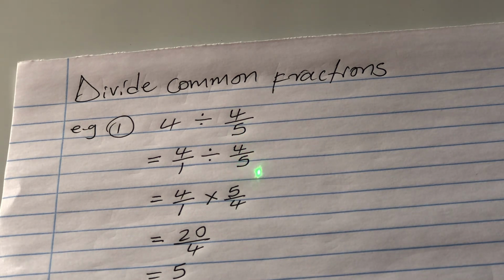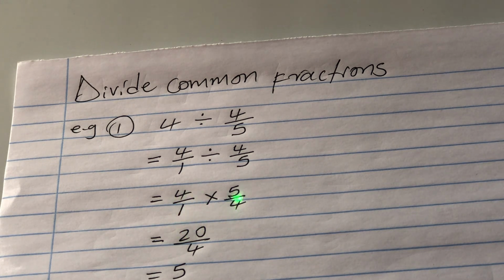The denominator becomes the numerator, and the numerator becomes the denominator. It means that they exchange position. Here you can see that it is 4 over 5, but after I've changed the division sign to a multiplication sign, now I have 5 over 4.